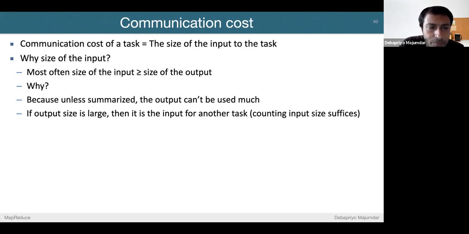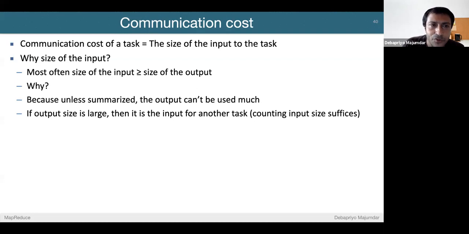Or if you are producing a large output, then it is for your next algorithm, and when you count the input for that task, you are going to count it.